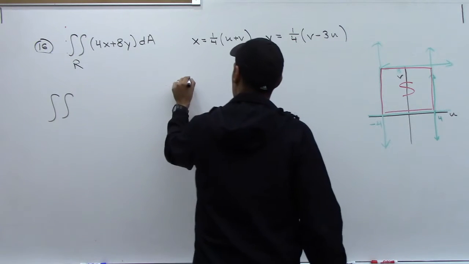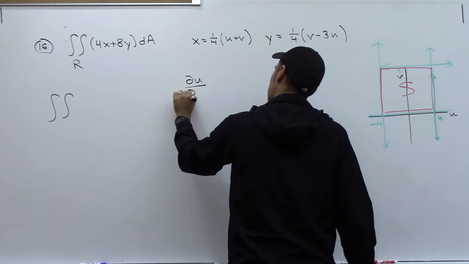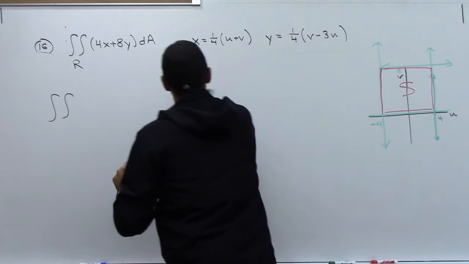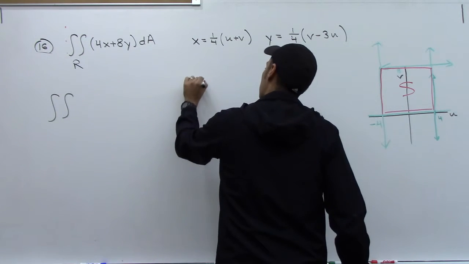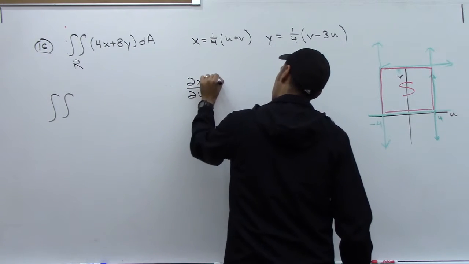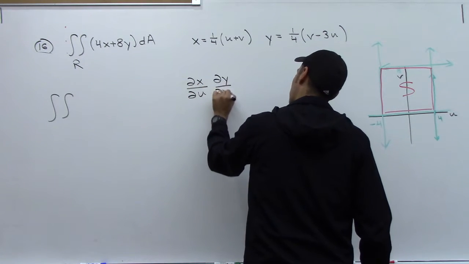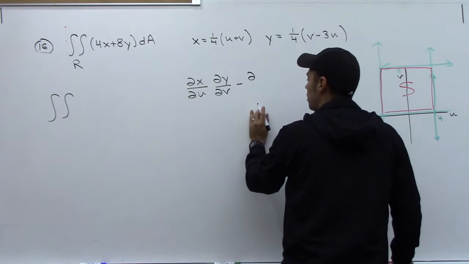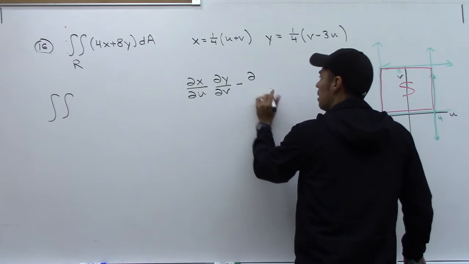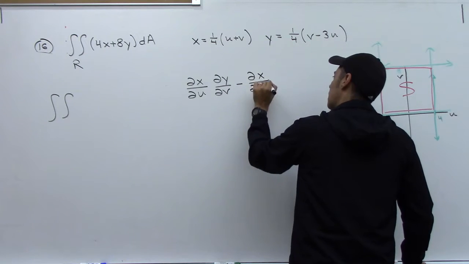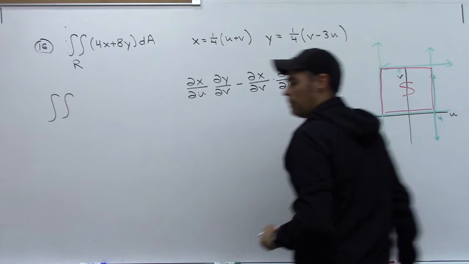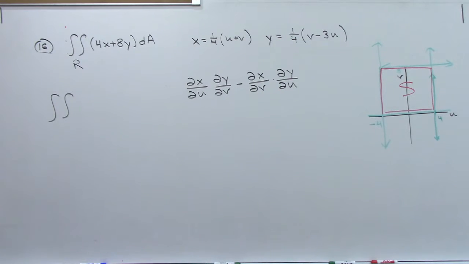So I'm going to have to calculate partial x with respect to u times partial y with respect to v minus partial, it really doesn't matter what order you go in here with the multiplication, partial x with respect to v, partial y with respect to u. Okay, so I'm doing that now.